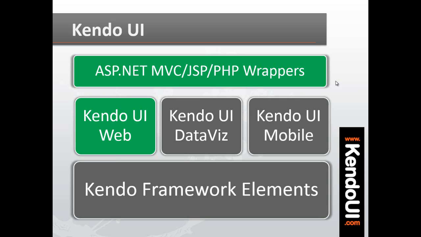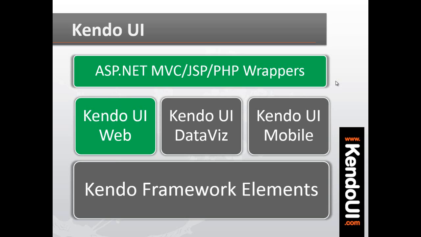Kendo UI Mobile is our revolutionary adaptive rendering framework or hybrid mobile application development framework, wherein you write once and then you can package it on any mobile platform, and it's going to render according to that particular platform. All these three flavors of Kendo UI are backed by our own Kendo framework elements, so you get it as part of whichever you buy.